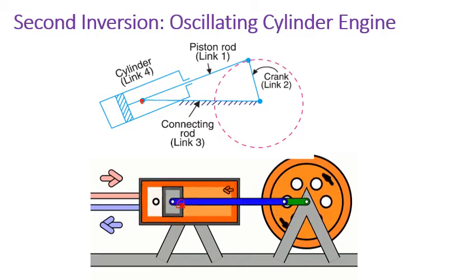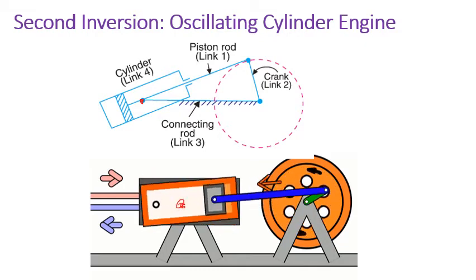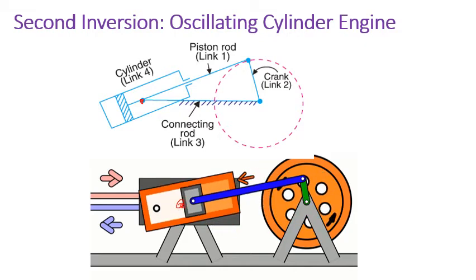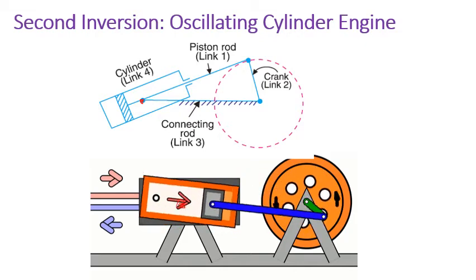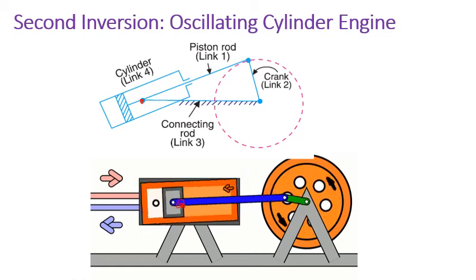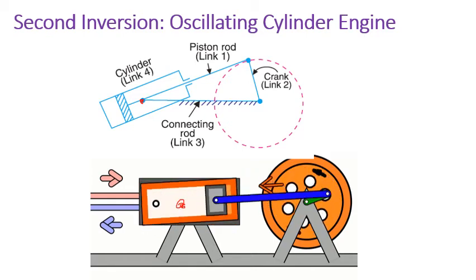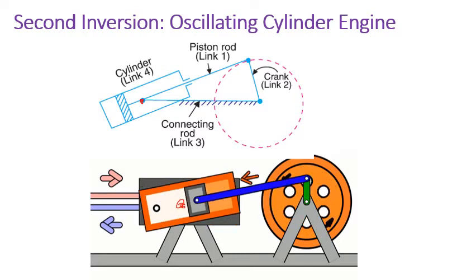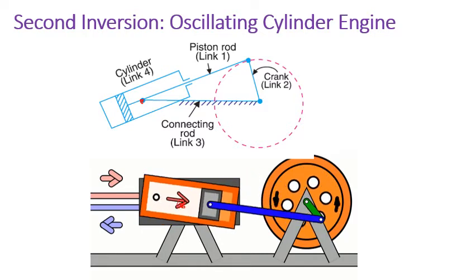Oscillating cylinder engine is used to convert reciprocating motion into rotary motion. In this mechanism, link number 3, forming a turning pair, is fixed.